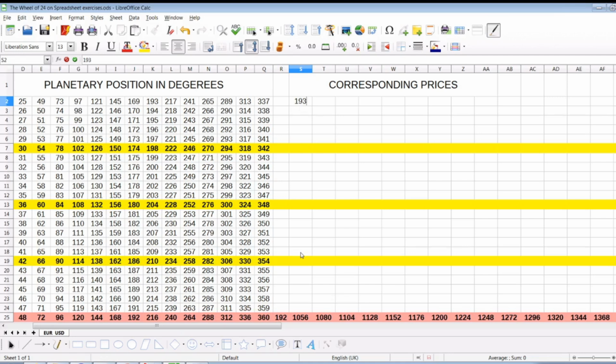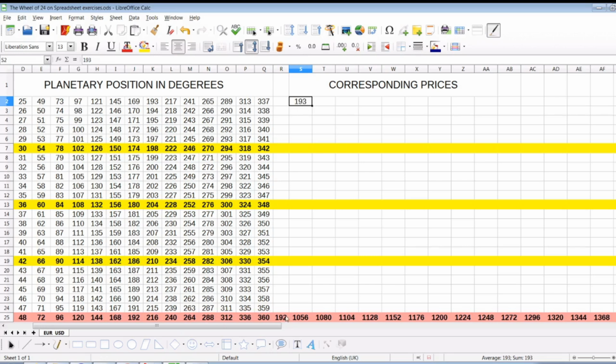Now, the important thing is the step. If we want to make it more precise, we should make the step 50 cents, half a dollar, because 192 is a price in dollars, 193. I would do a step of 0.5 in this case.